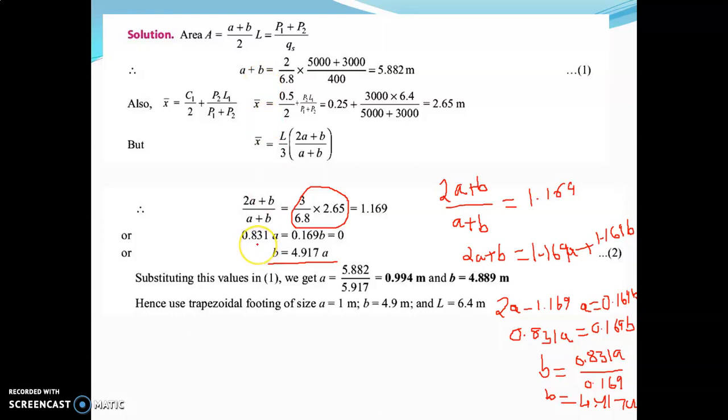What do we have? A plus B is equal to 5.882, right? We know what B is now, so A plus 4.917A is equal to 5.882.